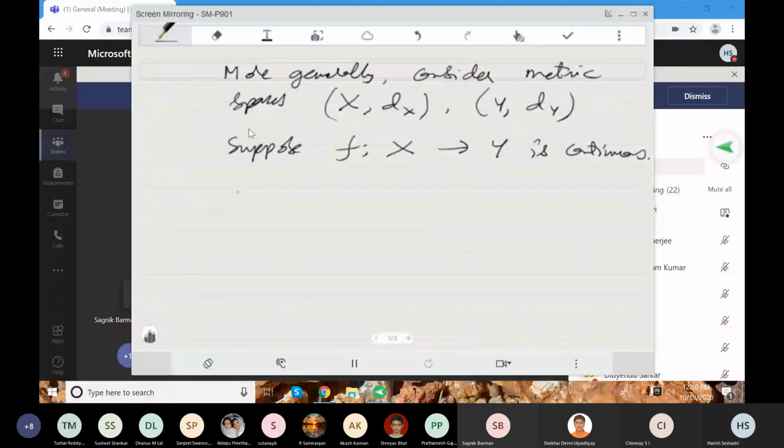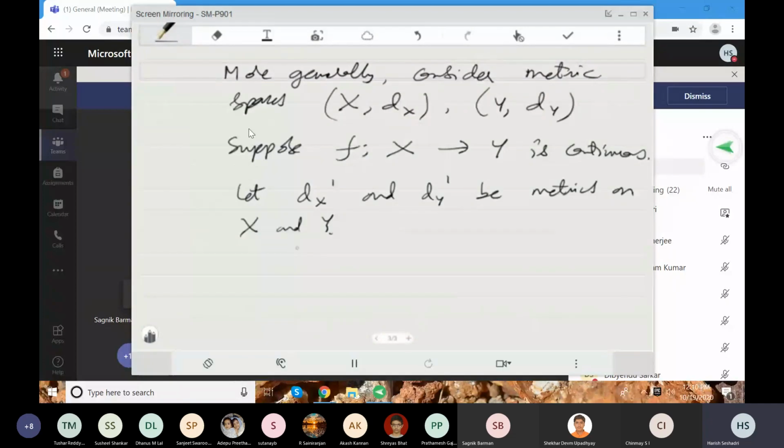Let d_X^1 and d_Y^1 be metrics on X and Y. Well, I can still look at the same map.